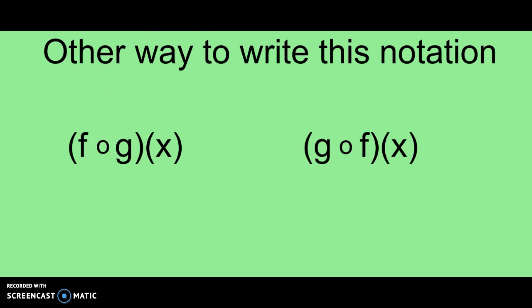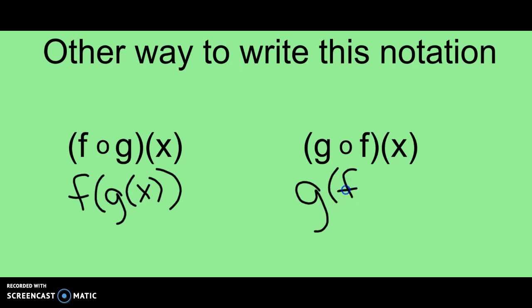Some textbooks will write it like that, but other places will just continue writing it like that. For example, the SOL will use this notation, but IXL and your math analysis book will use this notation. They're both the same, so just know that they mean the same thing.